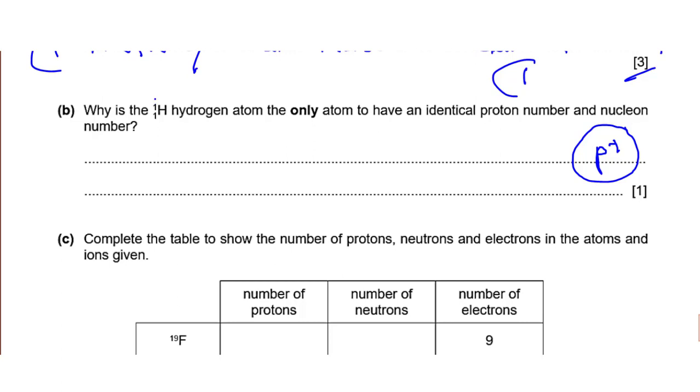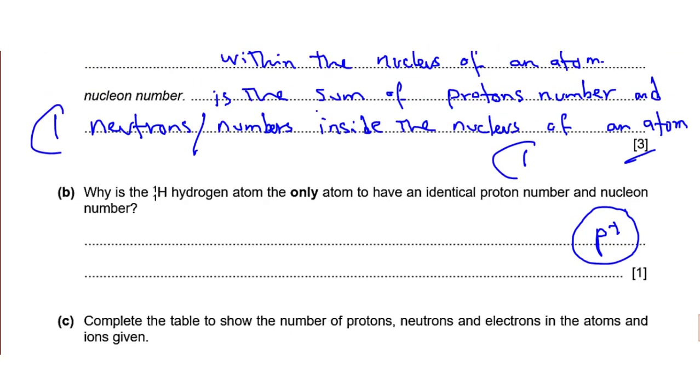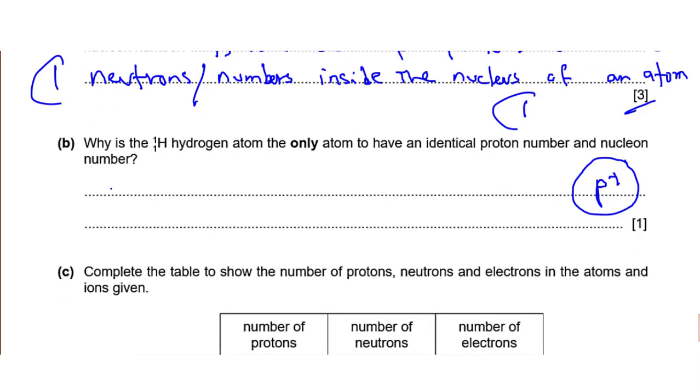And we said a little earlier that the nucleon number is the sum of protons and neutrons, and here we have 1 proton. It means we don't have any neutrons in this atom, only 1 proton. So in this case the answer should be: because it has no neutrons. No neutrons within the 1,1 hydrogen.